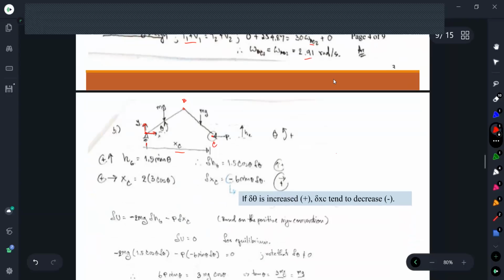XC is measured from the reference to point C. Actually, I mean, let me change the notation. This is H, maybe HB instead.